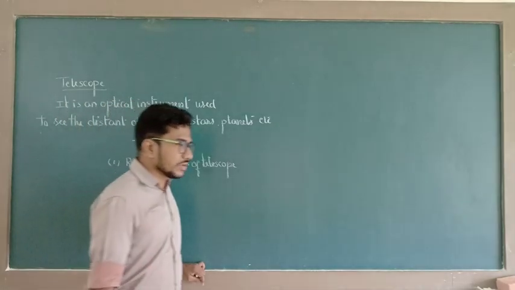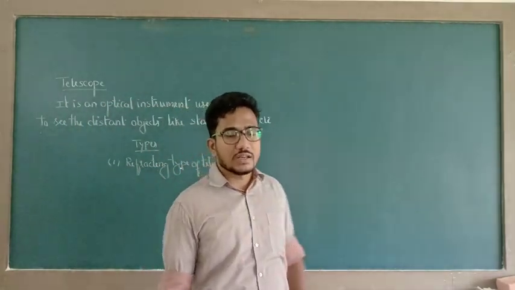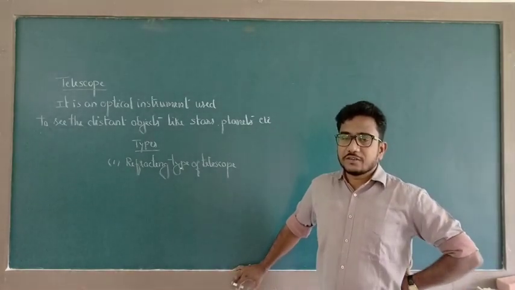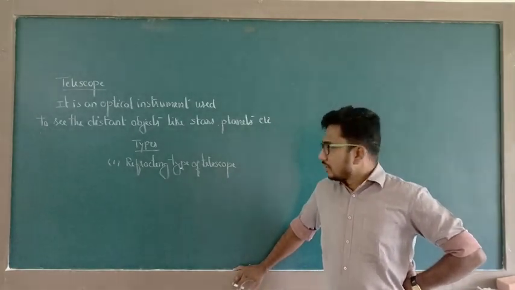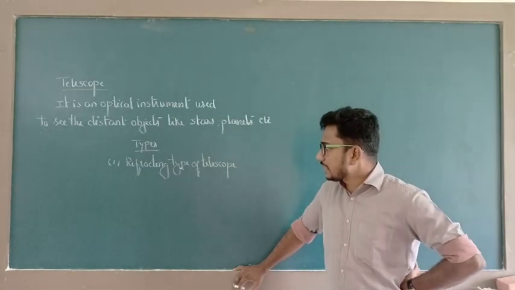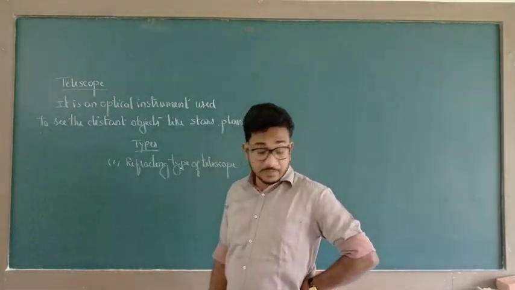In these two cases, we prefer converging lenses. In the case of lenses, we can observe the refraction phenomenon. Therefore, such telescopes are known as refracting type telescopes.